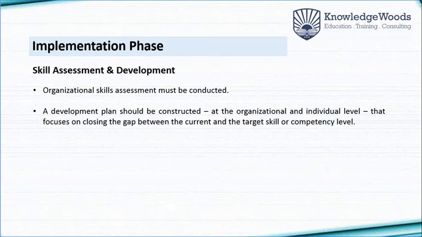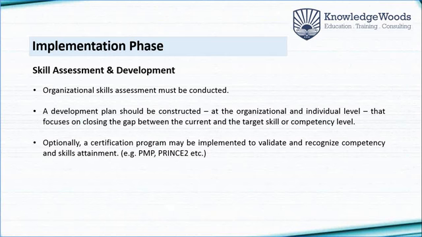Then develop a plan for individuals and for the organization as well, of where we are and where we want to go. In this case, various certification programs can be introduced which follow certain globally accepted standards. Like if I talk about PMP, PRINCE2, these are globally accepted certifications when it comes to project management, and the standards and methodologies being used are globally accepted.